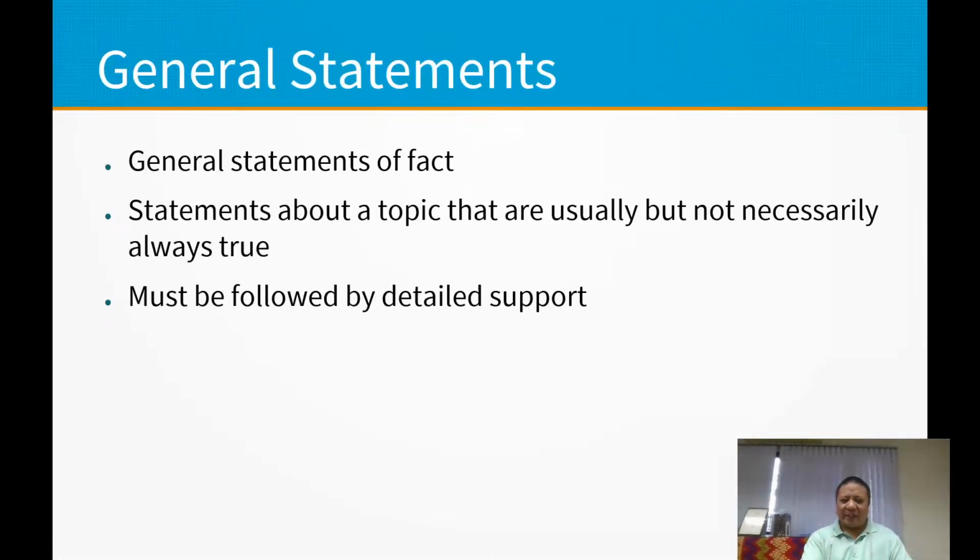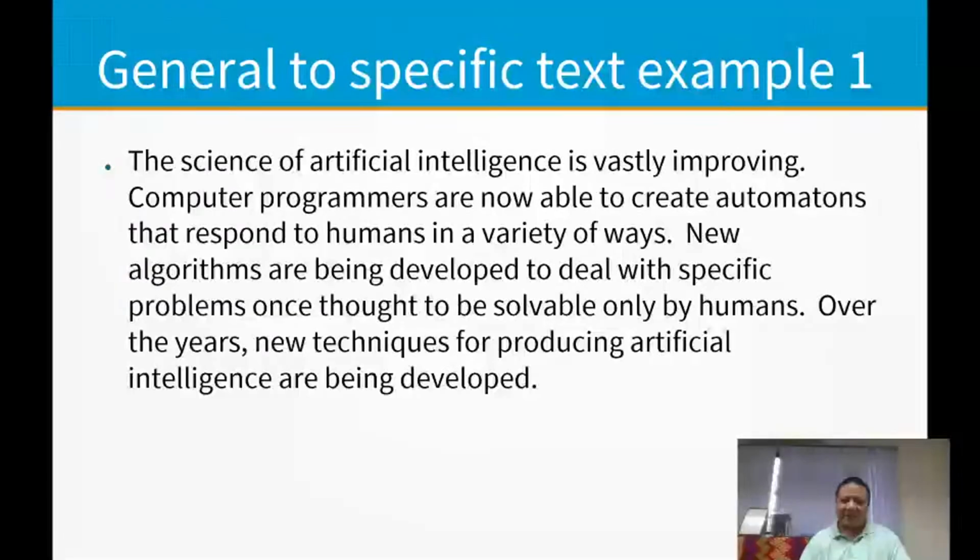Now, general statements are general statements of fact. They could be statements about a topic that are usually but not necessarily always true. For example: The science of artificial intelligence is vastly improving.